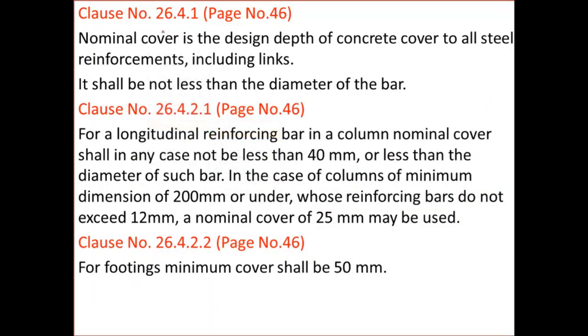Okay, next one is the nominal cover. So what is this nominal cover? Suppose consider a beam cross section like this. Then there are two main bars in the beam like this, and here also there are two bars in the compression zone.